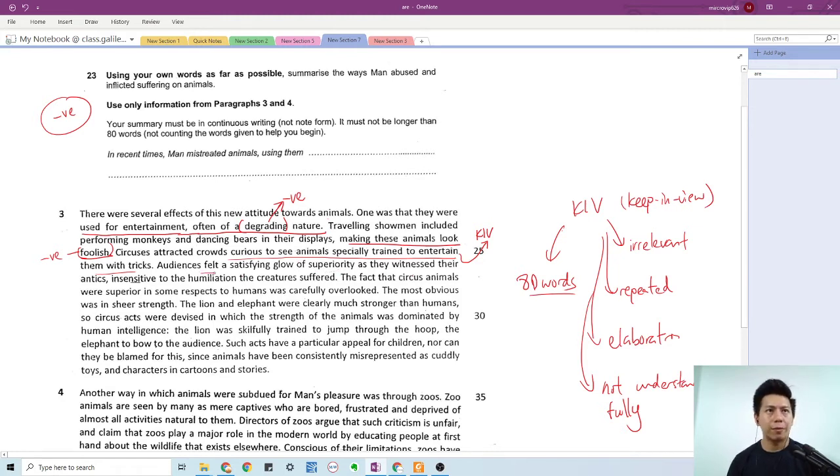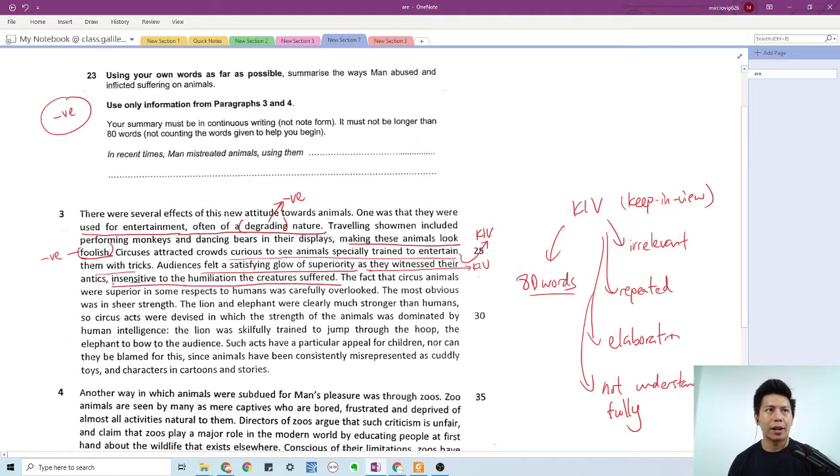Oh, they feel some superiority. It may be a little bit negative. If you feel superior over animals, it's definitely negative for the animals. But we're not too sure because this word itself doesn't have that much negative connotation, so I'm just gonna KIV this. Insensitive to the humiliation the creatures suffered.